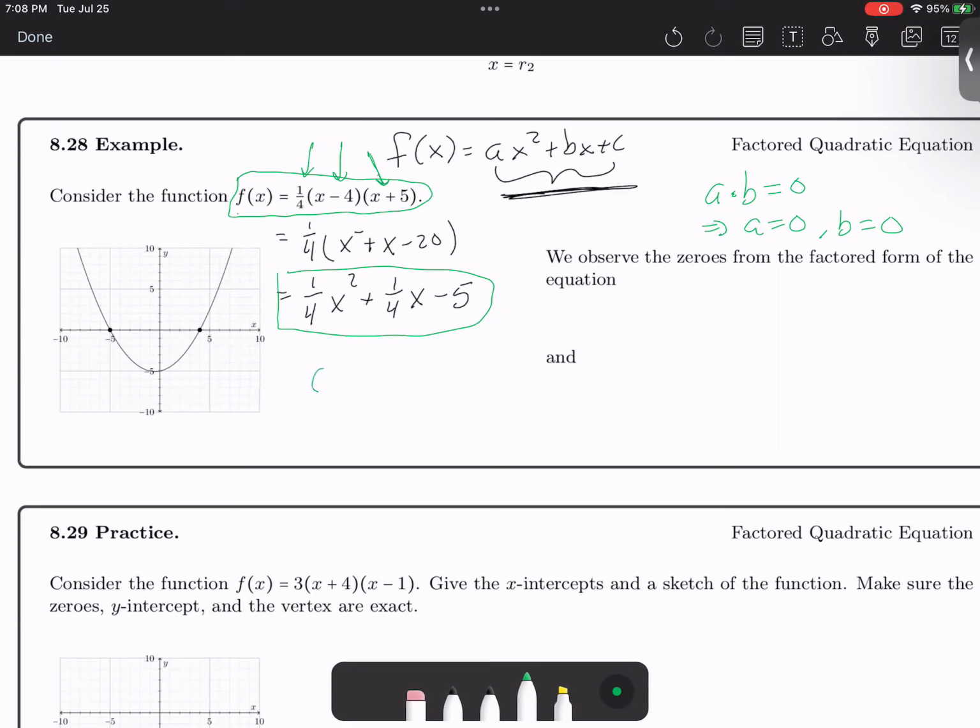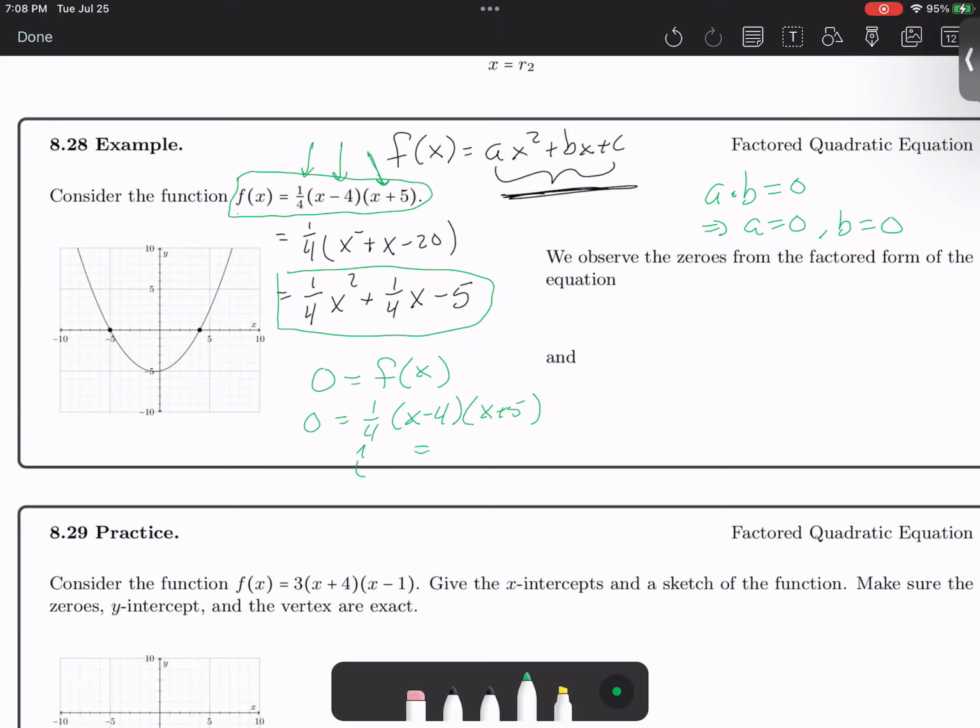So if I set this equal to 0, and I look for the roots or the x-intercepts of this quadratic equation, I end up here, and the 1/4 is never going to be 0, right? It's 1/4, it's not 0.